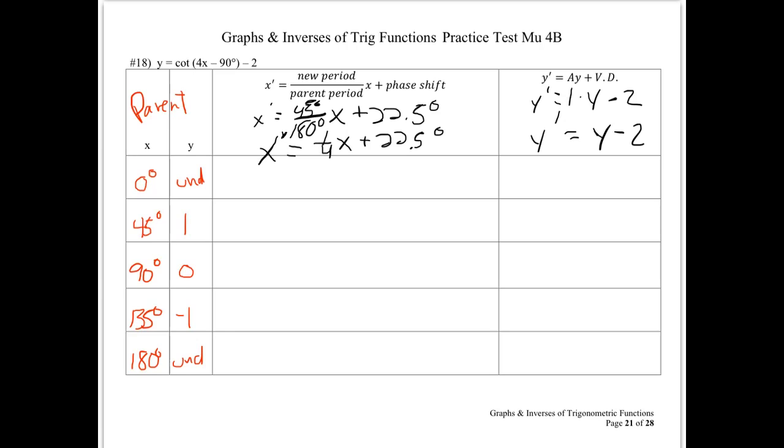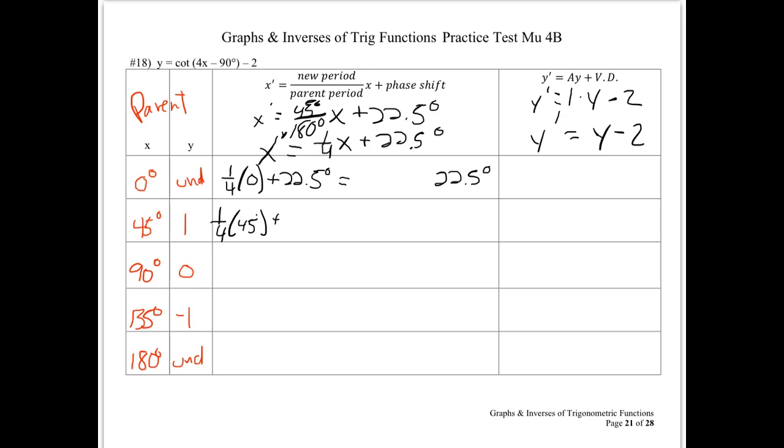So to get my first x prime value, I'm going to take 1/4 of 0 and then add 22.5 degrees to it. 0 times 1/4 is 0. 0 plus 22.5 is 22.5 degrees. Then I have 1/4 of 45 degrees.